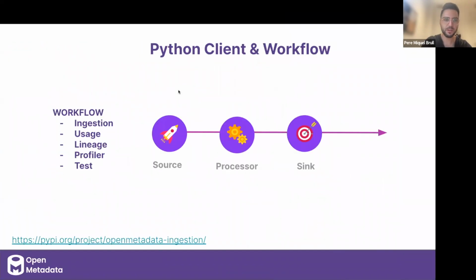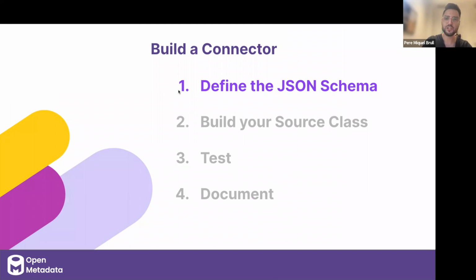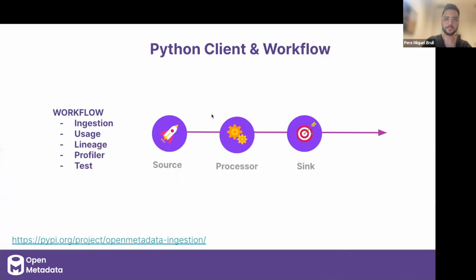Now, before we continue, I'd like to jump back for a bit to a more theoretical side, just for you to understand how the source classes and the workflow interact with them. So we said that the workflow is the actual pipeline that knows how to extract the data from the source, transform that data into OpenMetadata classes, into these OpenMetadata standards, and then send those as payloads to the API.